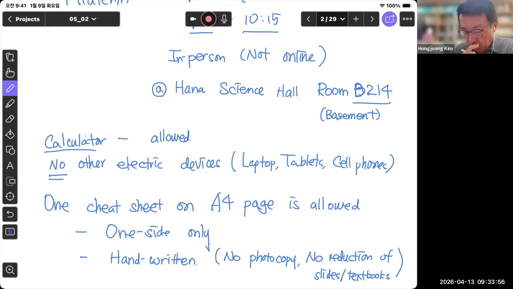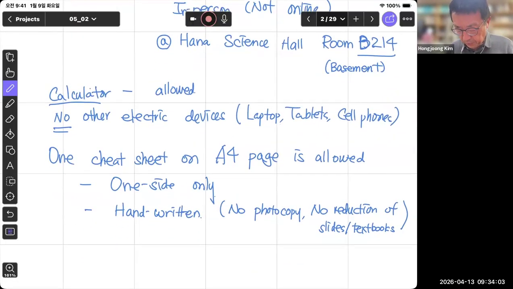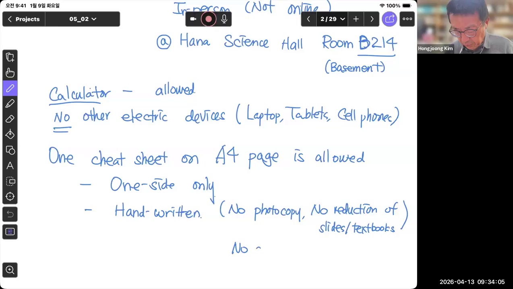If you just copy it, or reduce it, or copy some image, or take some copied version from your PDF file, that is not allowed.